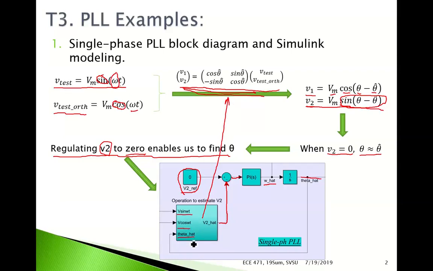It has 3 inputs. The first one is the tested signal. The second input, cosine, is the orthogonal signal of the tested signal. And the third input is the feedback estimated theta, used to estimate V2 as well as V1. However, V1 we don't do anything about, so we only output V2 here. So this is the algorithm block diagram for the single phase PLL.